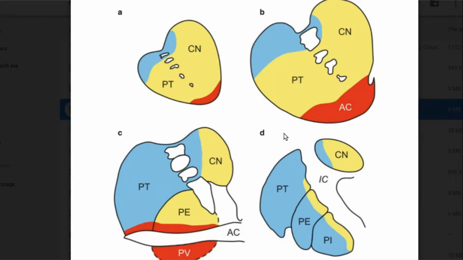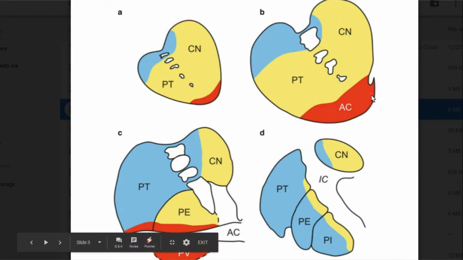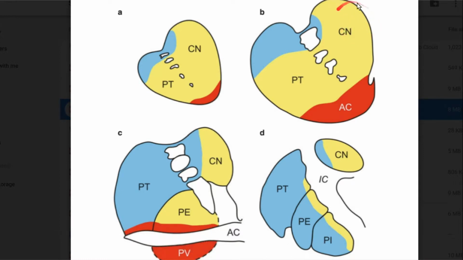So the most affected region of the basal ganglia is the striatum. And this is a close-up of the striatum. The primary structures are the caudate nucleus, right here, CN, and putamen, PT. Panel A represents an anterior section, and B, C, and D are moving posterior, so moving backwards.